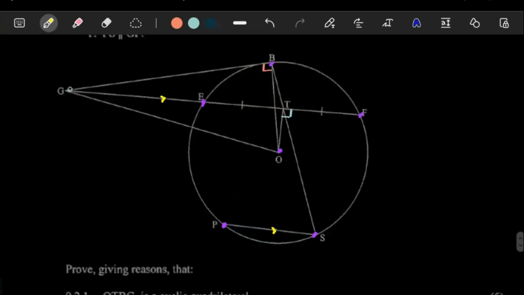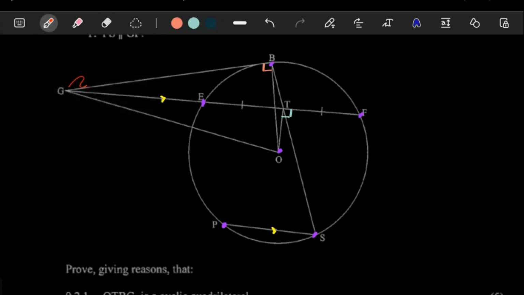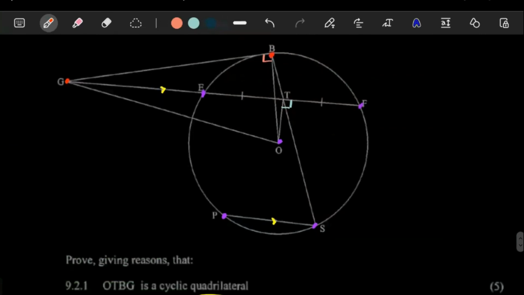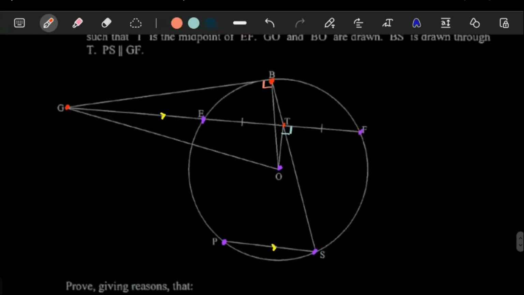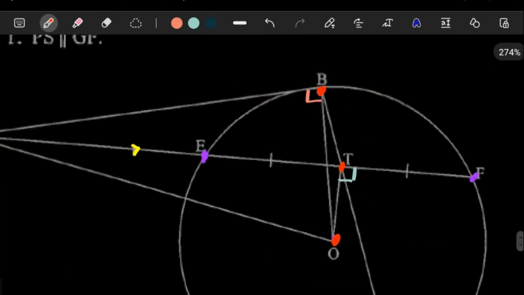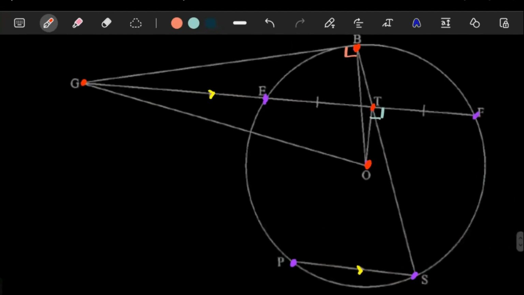Let me just label it with the red here. There's G, B, there's T, there's O. Okay, now what? Oh yeah, this is quite interesting.